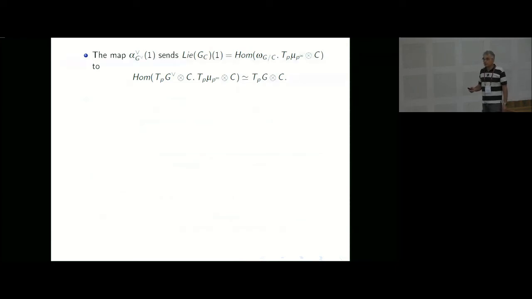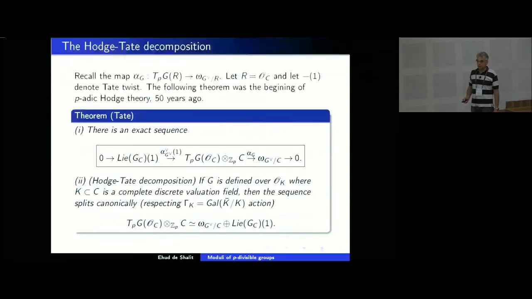Now, the definitions of the two maps are straightforward. It's also not so difficult to prove that the composition is 0. But the main thing to prove here is actually that this is onto, or by duality, that this is injective.